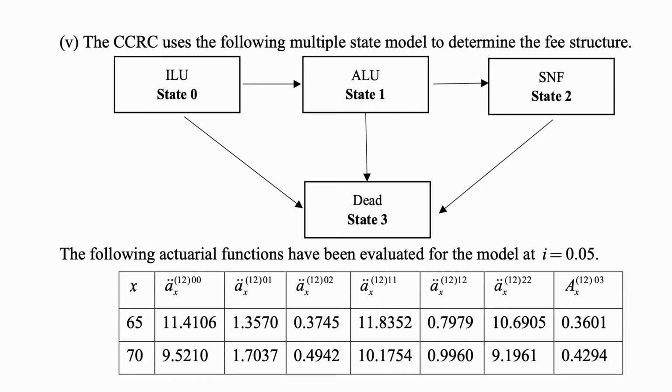Then annuities also monthly starting in state 1, just like that. And then life insurance starting in state 0 and ending up in state 3, death, with payment at the end of the month of death.